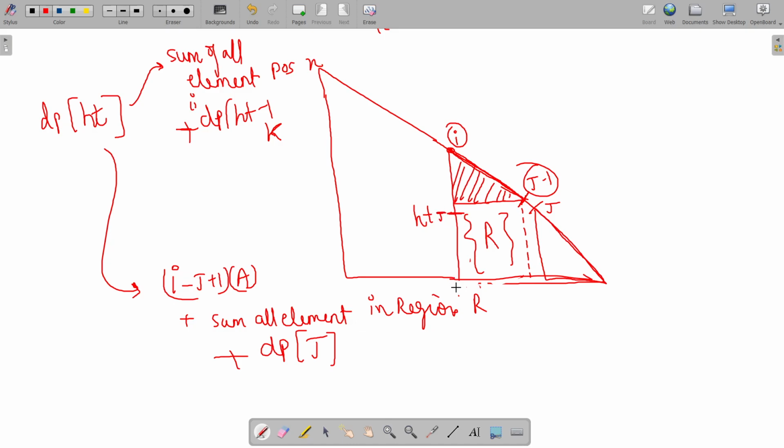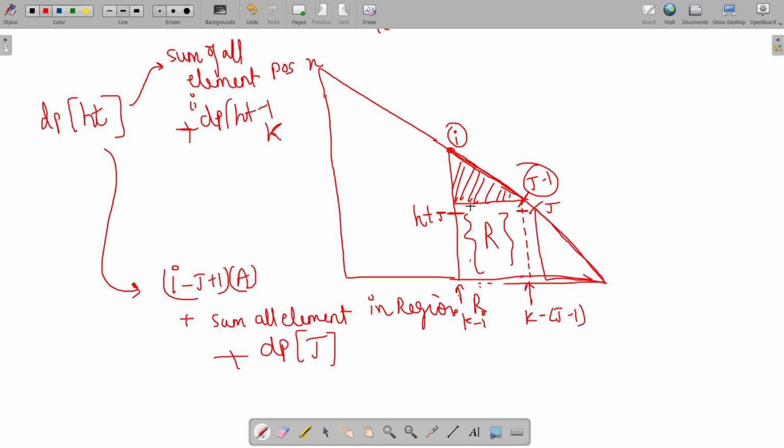And this x-axis will be, since this is i, k minus i, and since this is j minus 1, this would be, I think, k minus j minus 1.